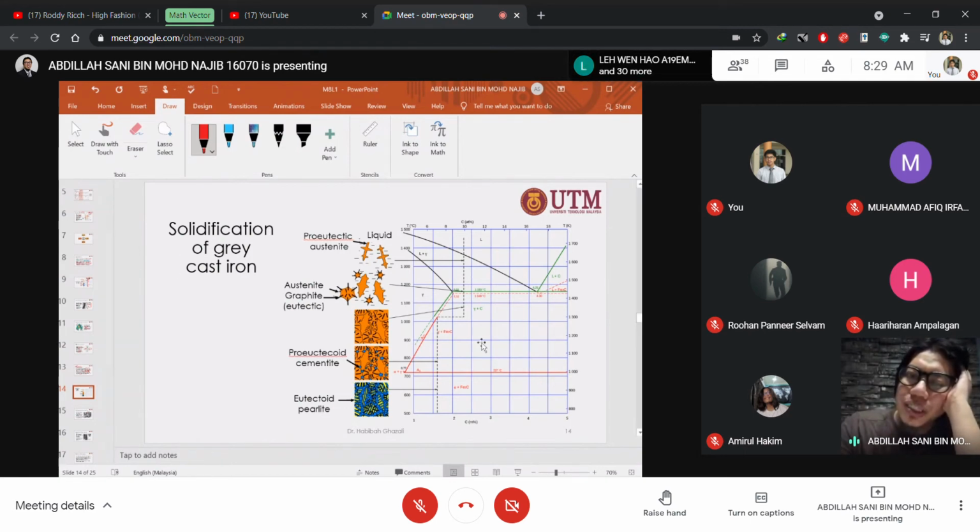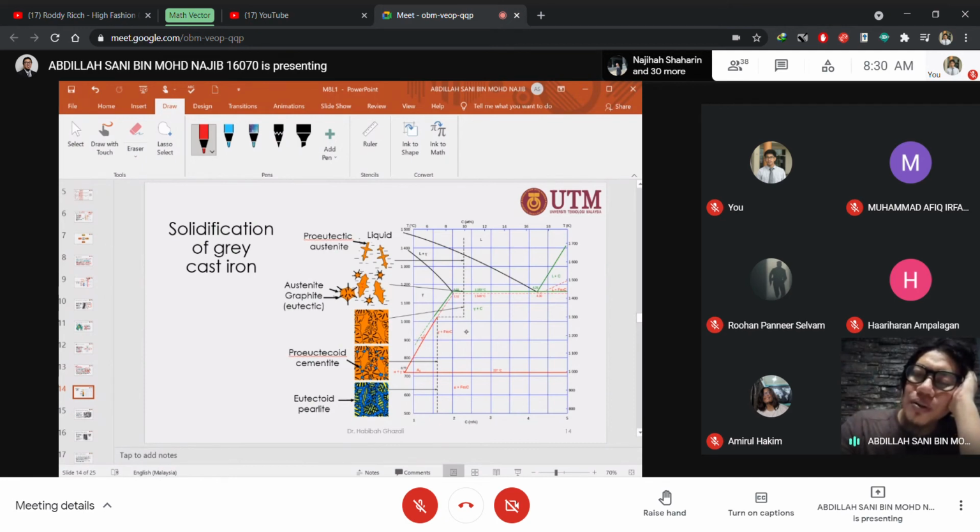And as we mentioned just now, the amount of carbon is high. It exceeds the limitation of the solubility in austenite. So it forms graphite. It forms graphite. Of course, there is some carbon which dissolves in the austenite, and because the amount is too much, the carbon forms graphite as well.